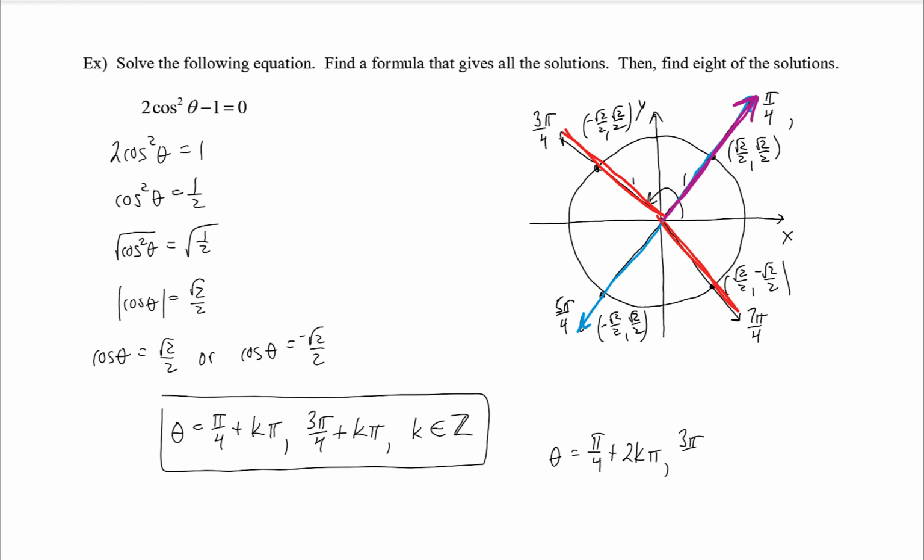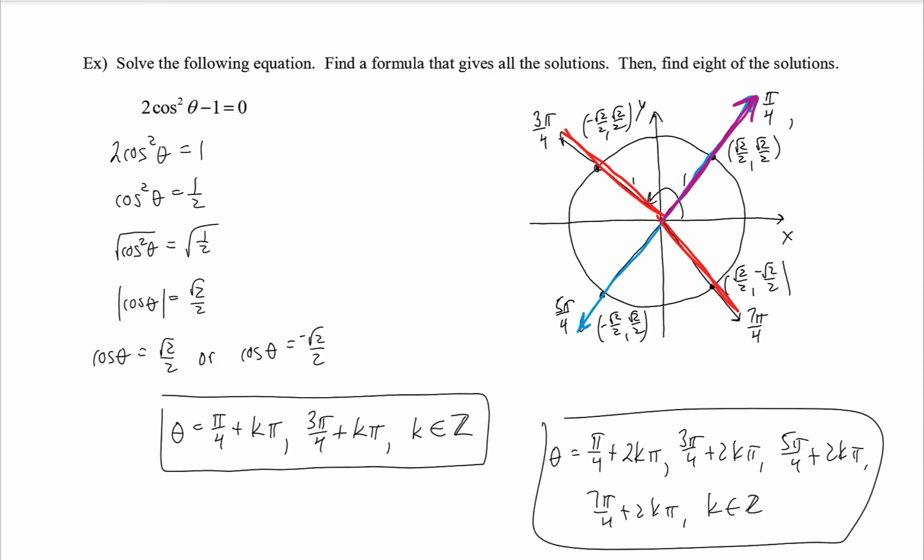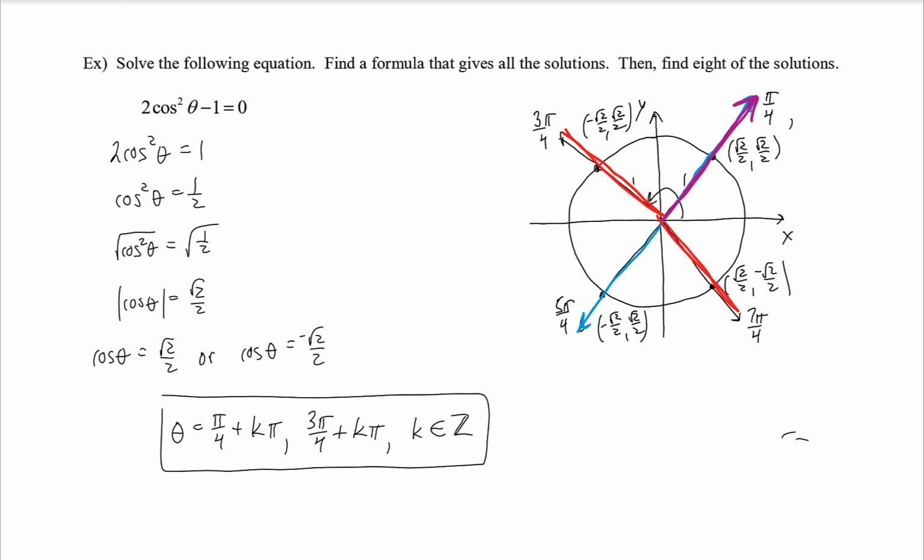So then you would have to do 3 pi over 4 plus 2k pi, 5 pi over 4 plus 2k pi, 7 pi over 4 plus 2k pi. K is an element of the integers. I mean, you could. That is an acceptable answer, but man, it's a lot longer and a lot more to write down. So I'll leave it up to you. It is an acceptable answer, sure. It gives you all the answers we need.